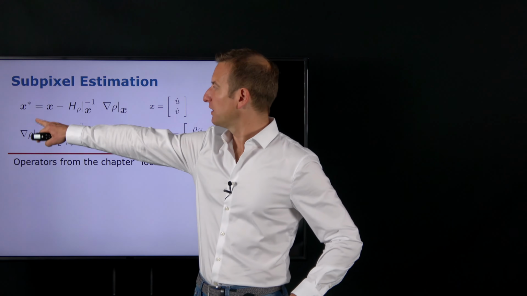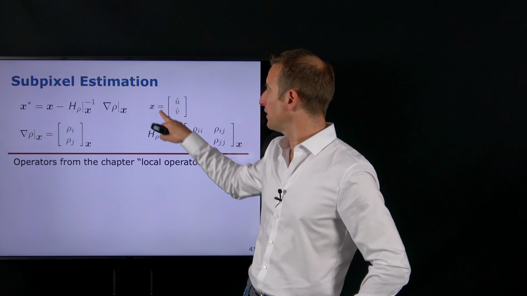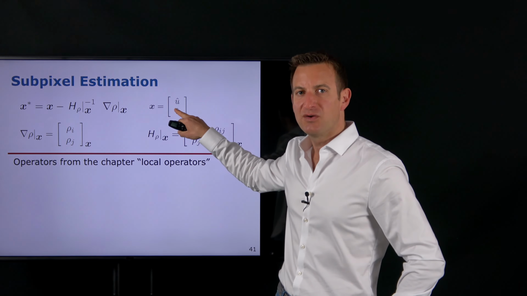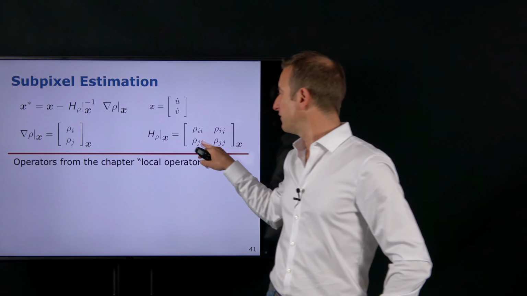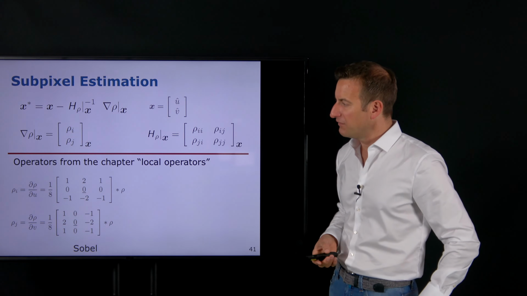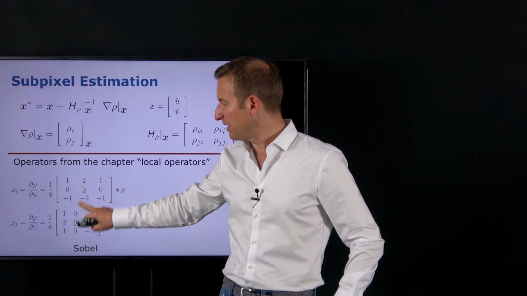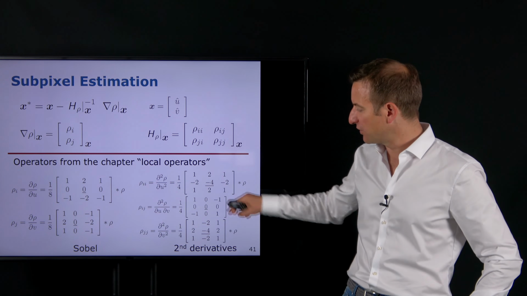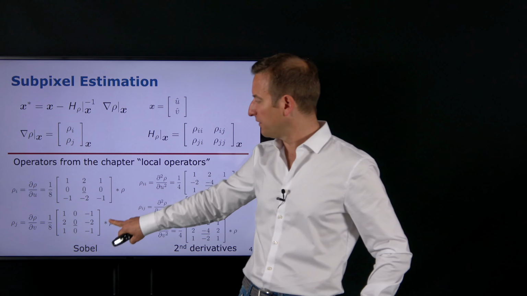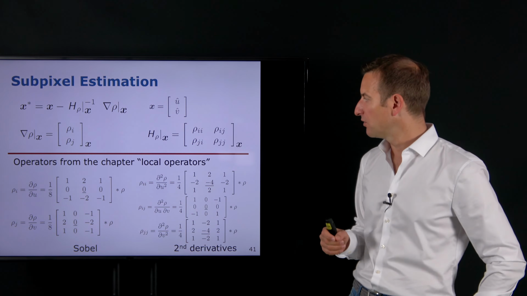So my x star I can compute with x. This is the result from my basic cross correlation, the outcome of my standard cross correlation approach. And then I need to compute the first and second derivatives. If you go back to the chapter on local operators, these are my Sobel operators, and I have the operators for the second derivatives. I only need to convolve them with my function rho, which I already computed.